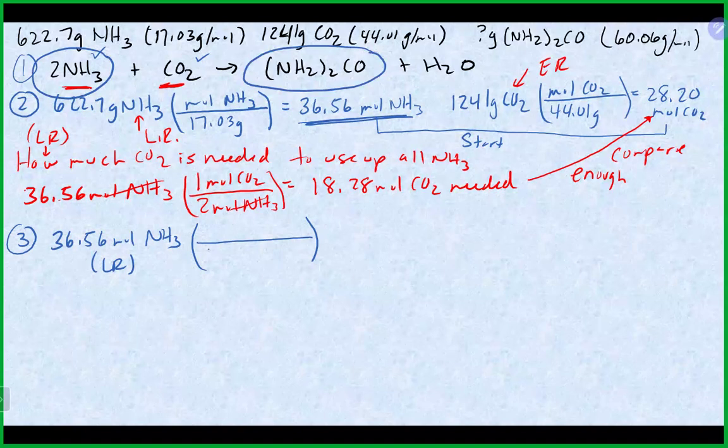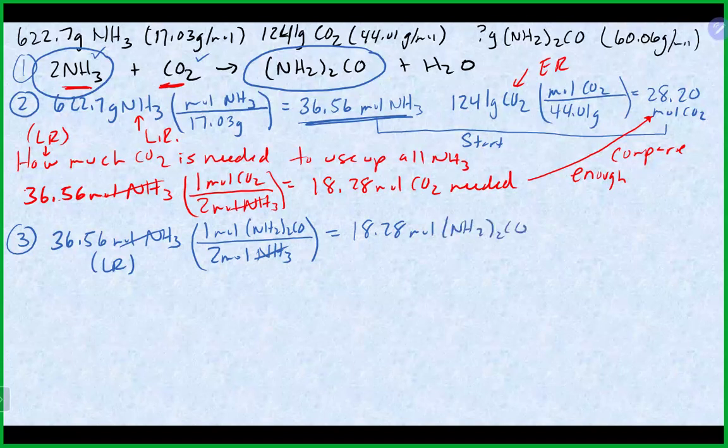From the equation, we see for every 2 moles of NH3, we get 1 mole of NH2CO. These cancel, and that's going to get us basically the same number as above, about 18.28 moles of our product here.